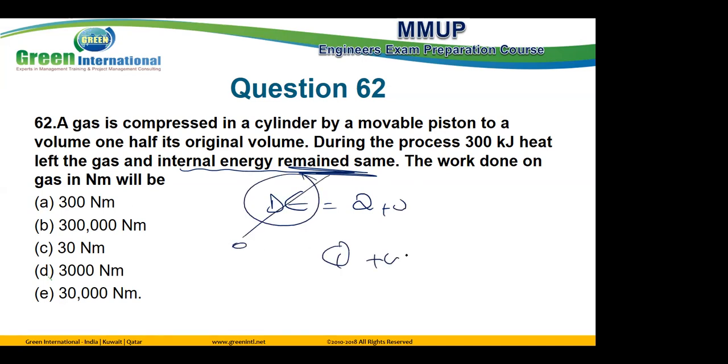Q equals the 300 kilojoule he gave you. But we don't want kilo, so we should change it to joule. 300 times 10 to the power 3 joule equals the work. It's the same value, just changing the unit. Very easy.